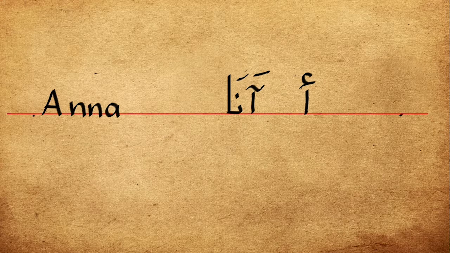And instead of writing Anna like this, we used one alif and put the symbol to indicate that this was initially a glottal stop, then alif. The next name is Amy.